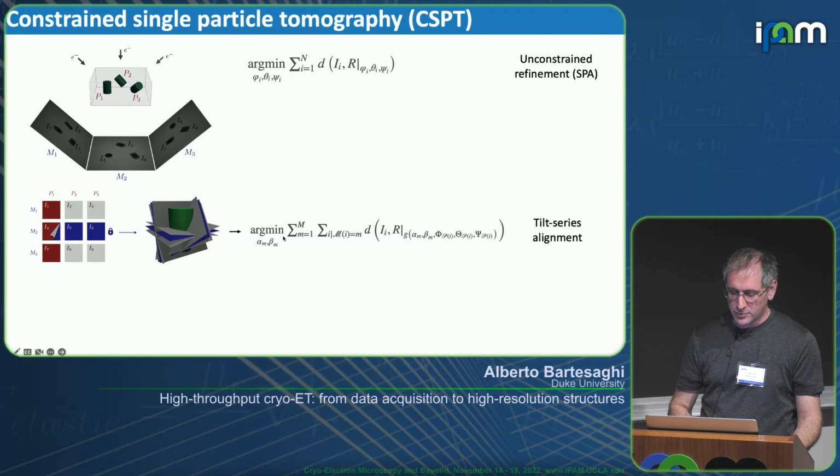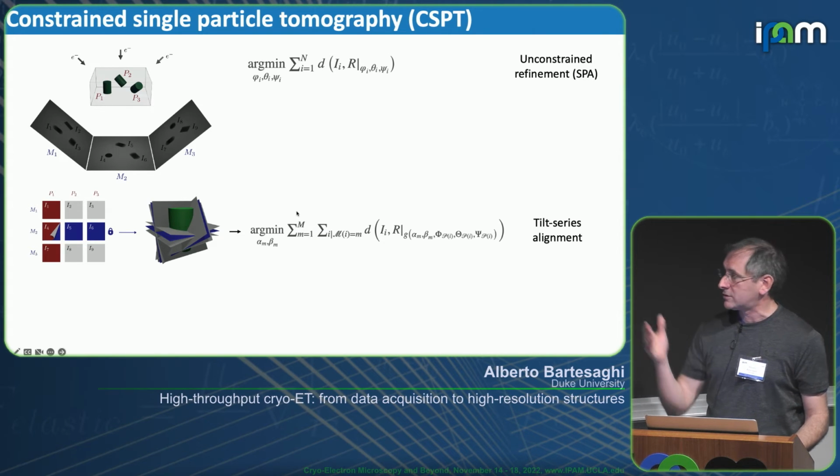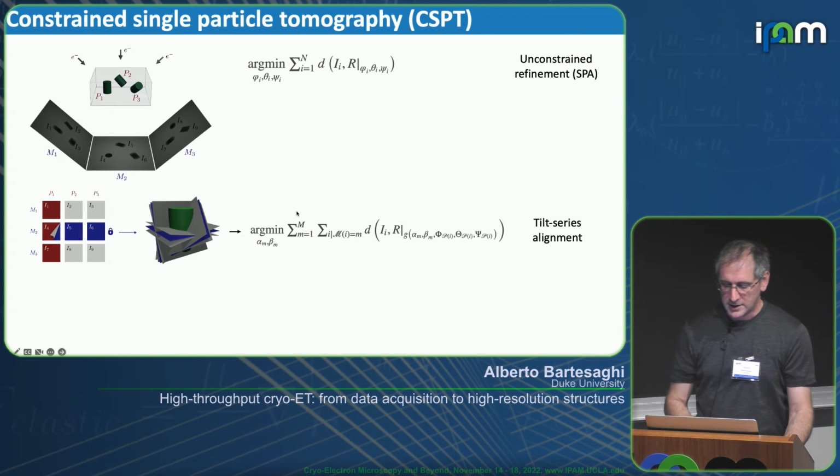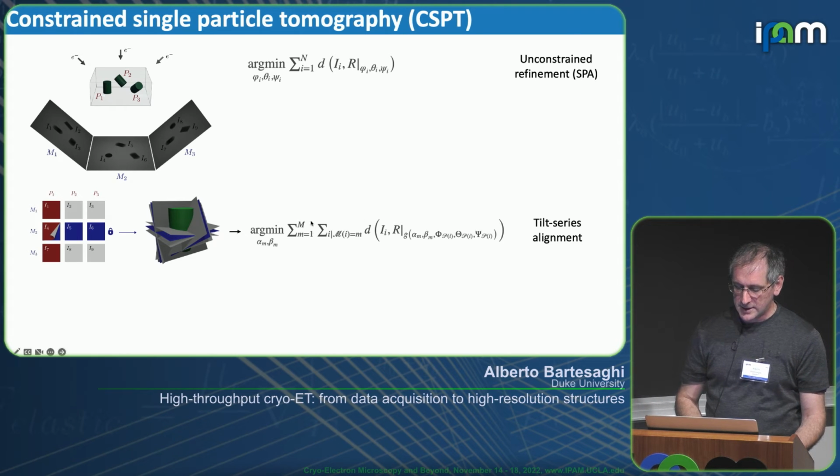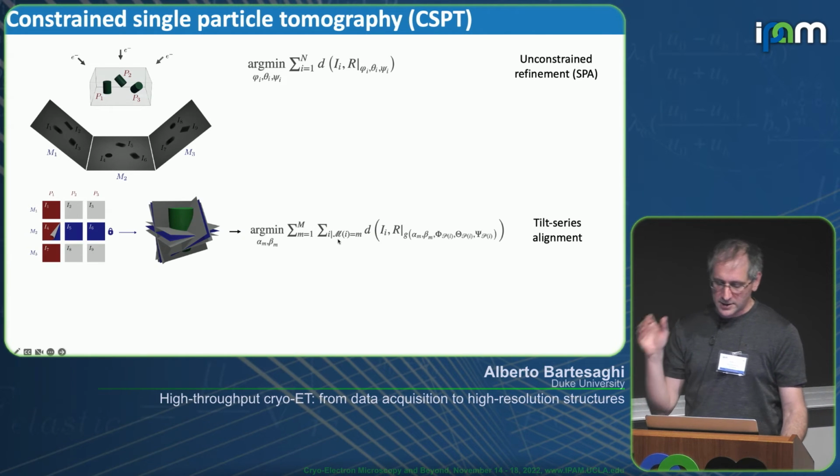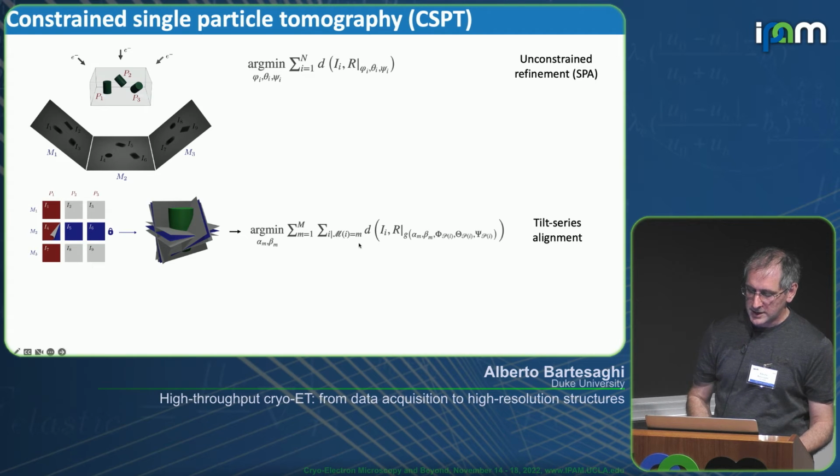Now you sum over the different micrographs or different tilts in your tilt series, and then inside each term you sum only over the particles that are present on that image, and then the distance, the similarity function, is identical. The images are the same.